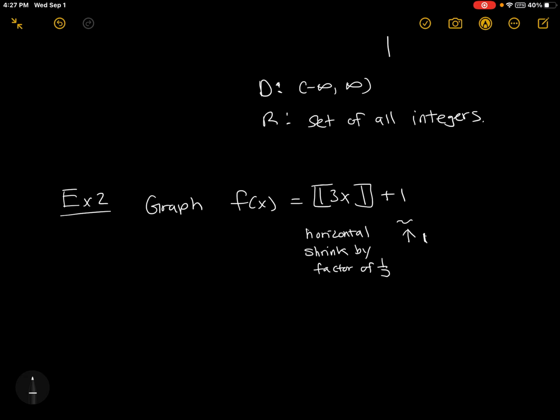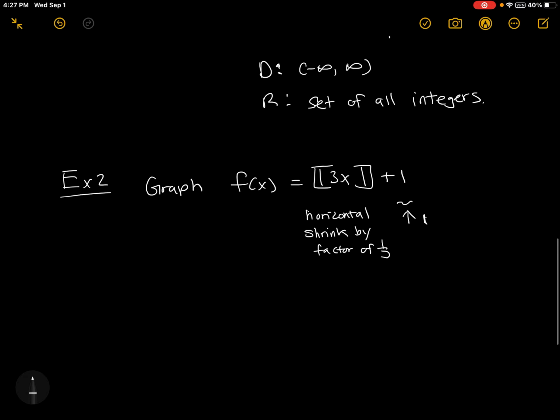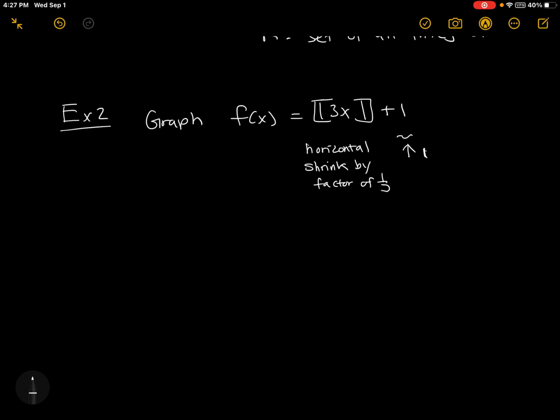Okay, so just like I did on the previous problem, let's start plugging in some points. Let's start with 0. If I plug in 0, 3 times 0 is 0. The greatest integer less than or equal to 0 is just 0. 0 plus 1 is 1.